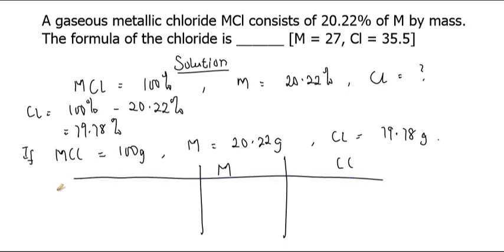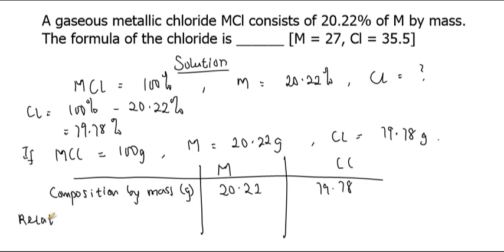And here I'll say I have composition by mass in grams. So for M here will then be 20.22 and chlorine here will be 79.78. The relative atomic mass, grams per mole, for M is given to be 27.